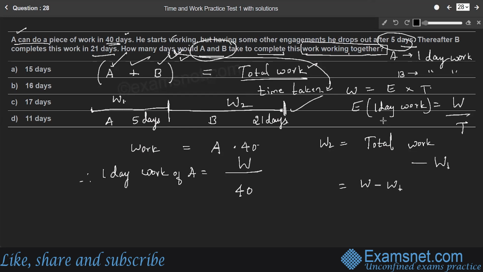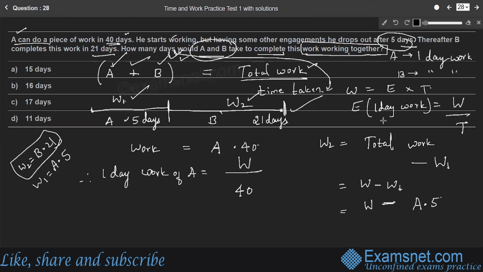W2 amount of work has been done by B in 21 days. If you consider this formula, W2 becomes B into 21. Here W minus W1, where W1 is work done by A in 5 days. So we'll write it as A into 5 days, efficiency into time.